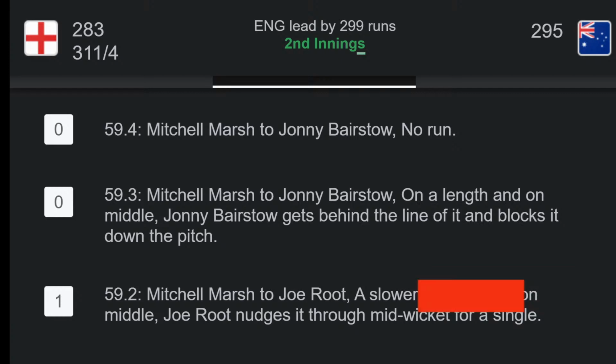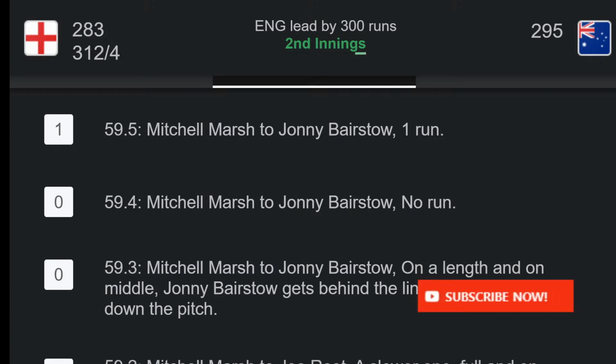So only one run has been taken in the second ball of the over. Total now 311 for the loss of 4 wickets.